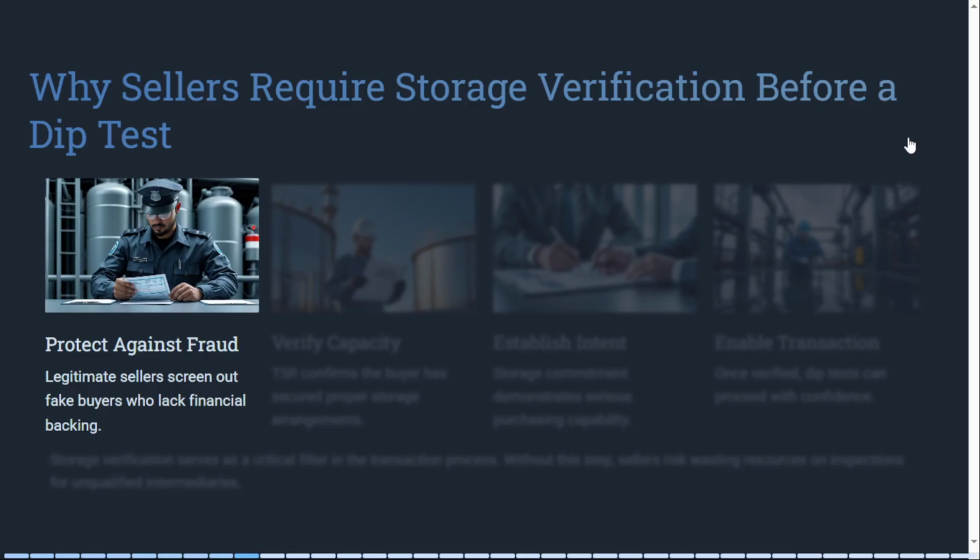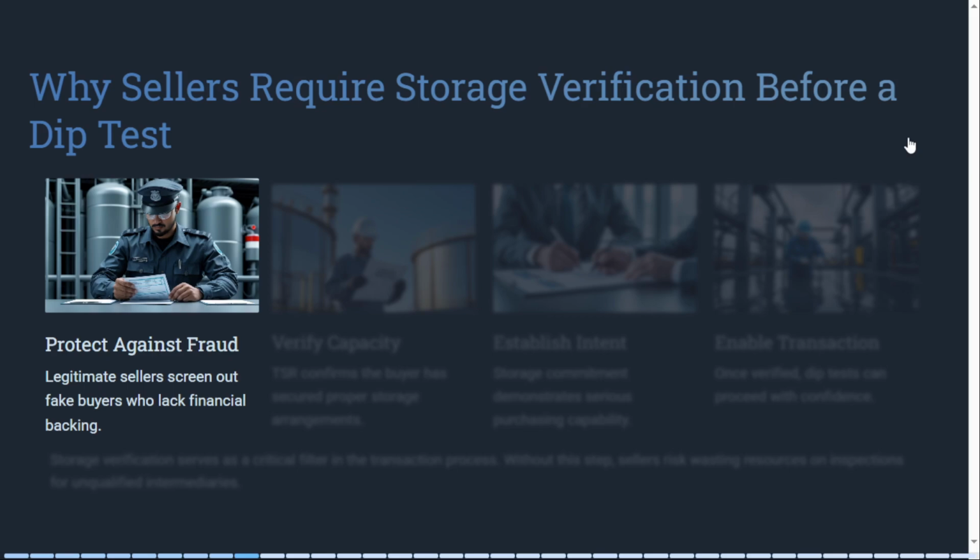Now you can see fraud prevention is a primary concern in oil transactions. Finalizing the transaction is a different thing, but fraud prevention is the primary concern. Too many so-called buyers come up and show interest without any real financial backing. Lots and lots of buyers don't have any financial backing.